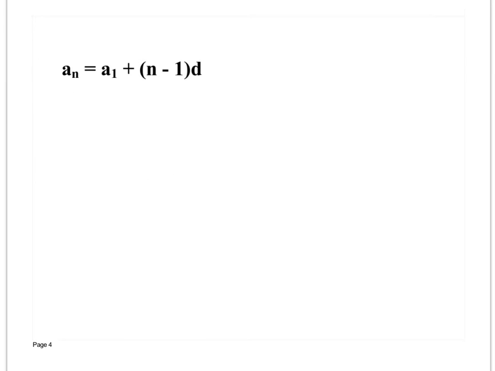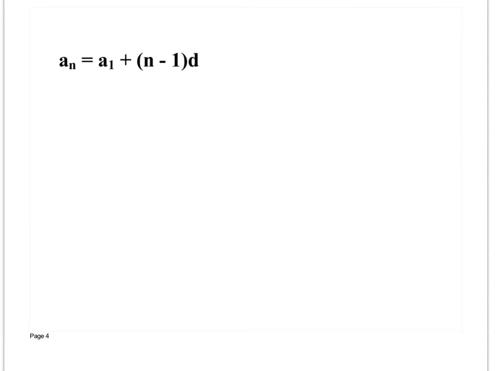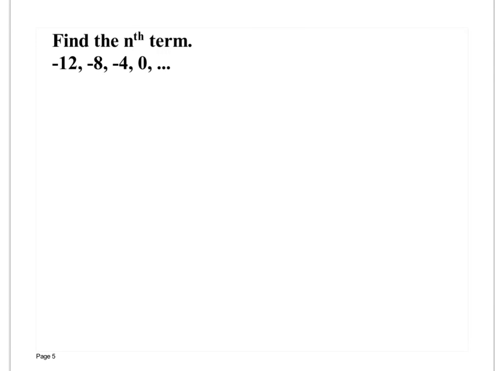So if you didn't write this, make sure you have this. To find AN, we just take A1 plus N minus 1 times D. That's to find any number in that sequence. They give us a sequence here: -12, -8, -4, 0, and on.